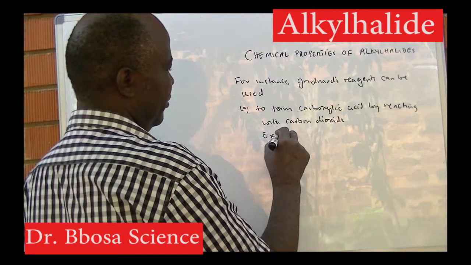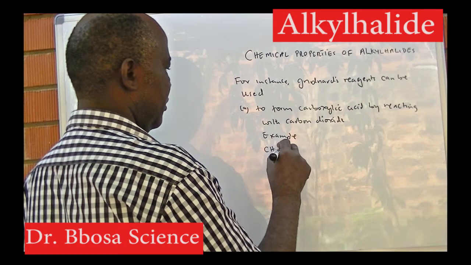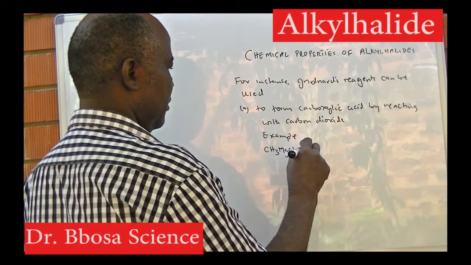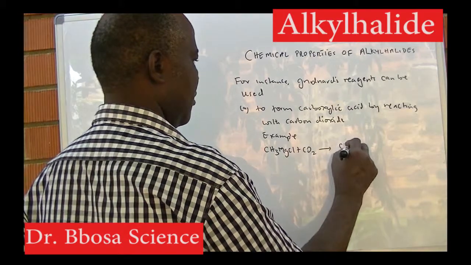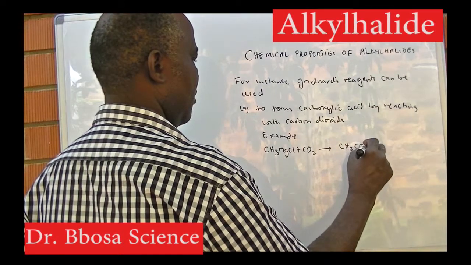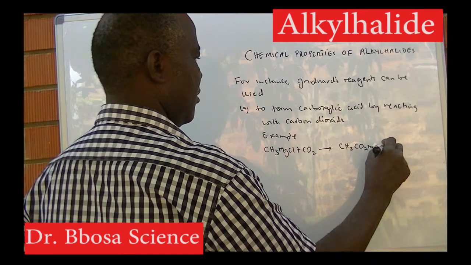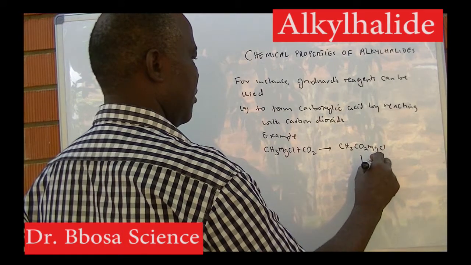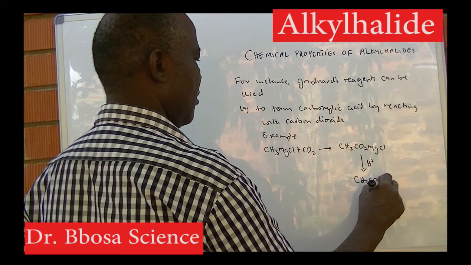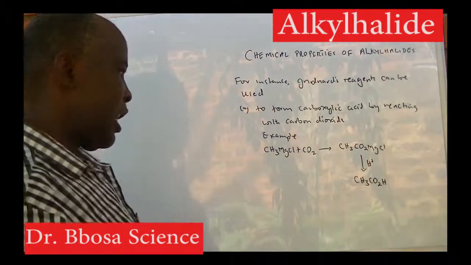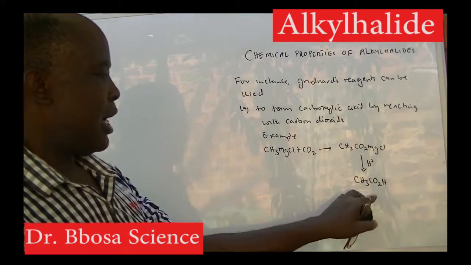Example: this Grignard reagent plus carbon dioxide, you will get an acid.